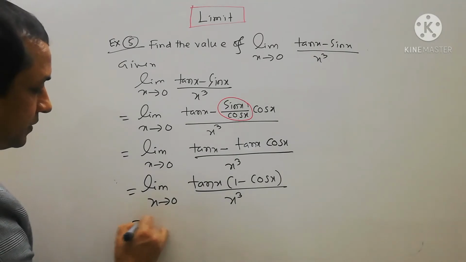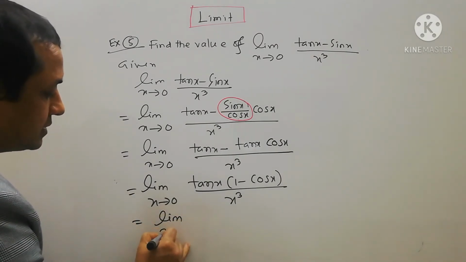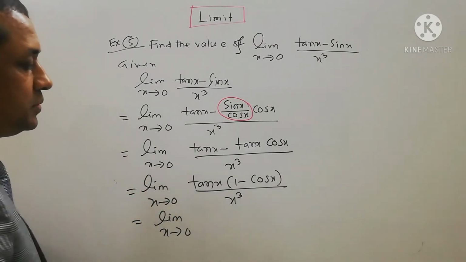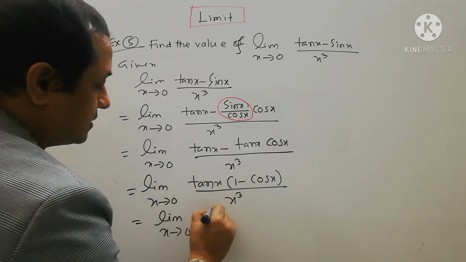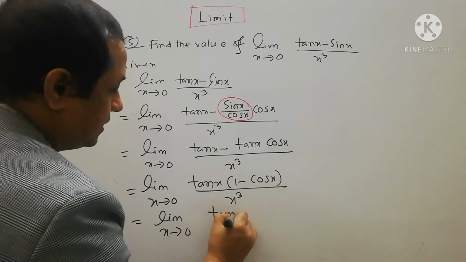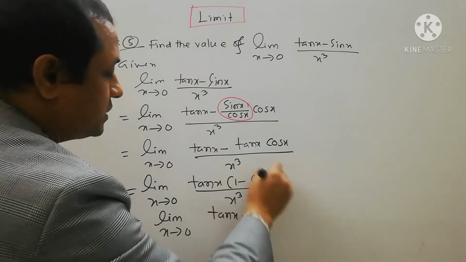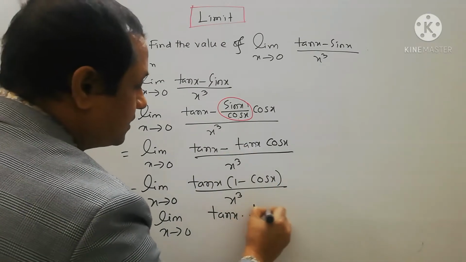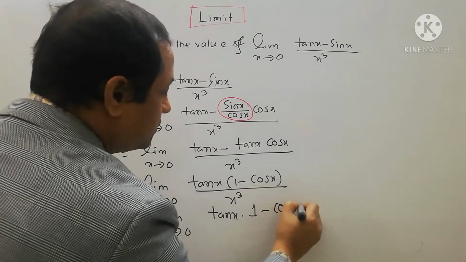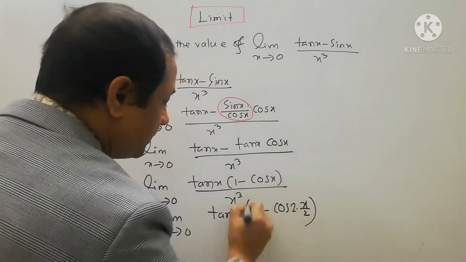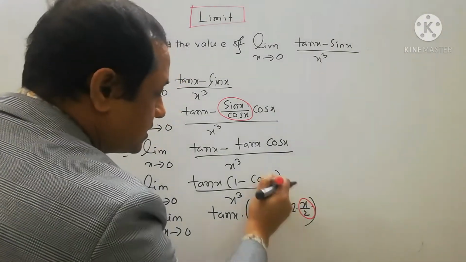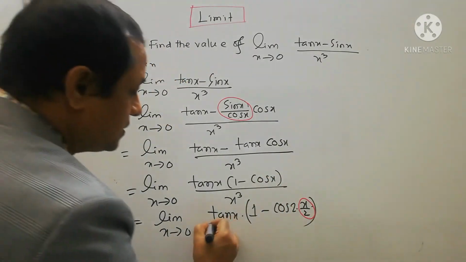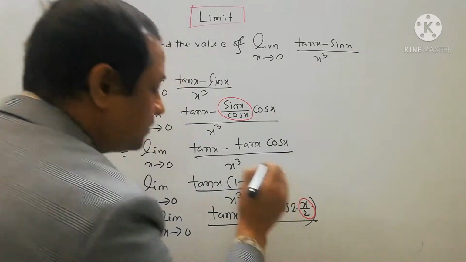Now here limit x tends to 0 of tan x into 1 minus cos x by x cube.